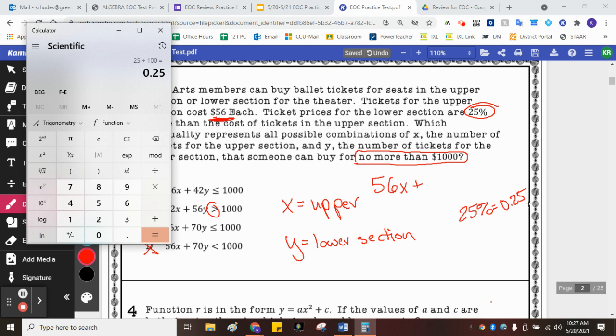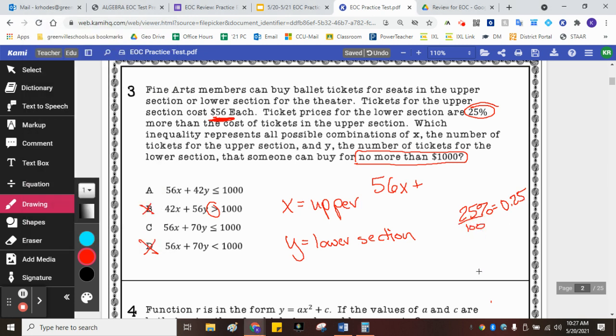So to go from percent to decimal, you divide by 100. Easiest way. Never thought about teaching it that way. All right, so that's 25%. We need to find 25% of 56, so we need to multiply those together. What is 56 times 0.25?